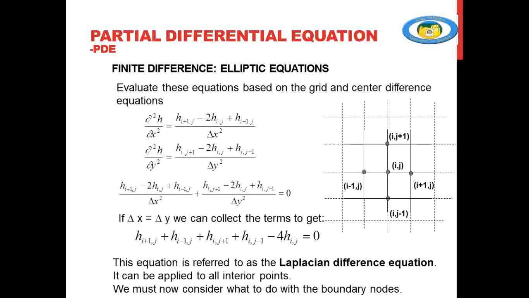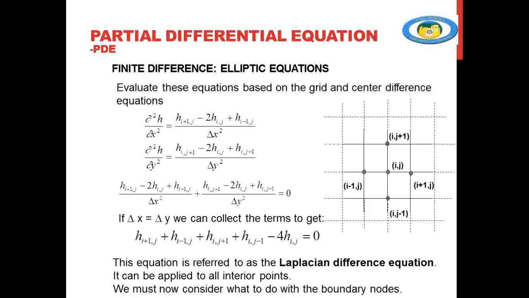So if you just add the two to establish this Laplace equation, then you can find an equation of order delta x squared and delta y squared. Now, if you assume delta x and delta y to be uniform or equal, then you can omit the denominator.